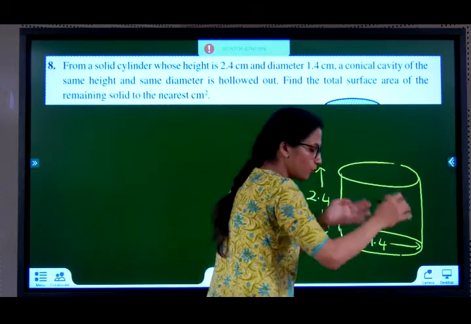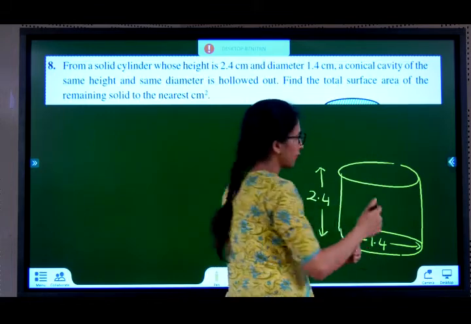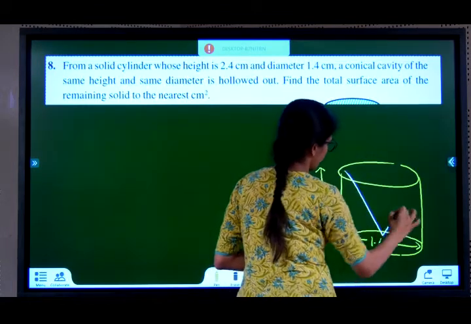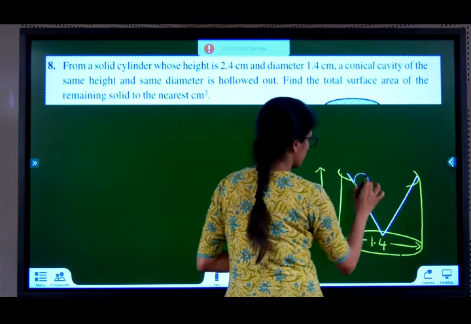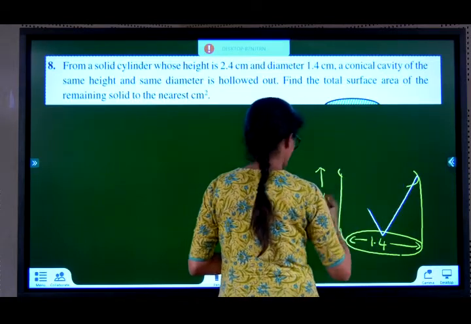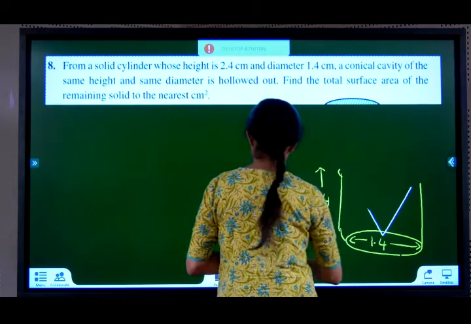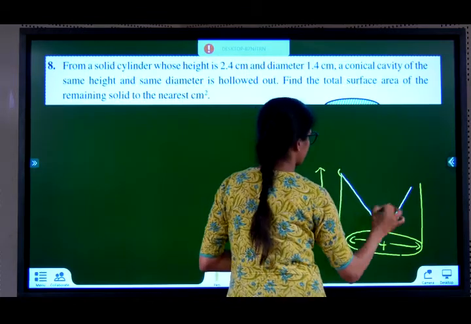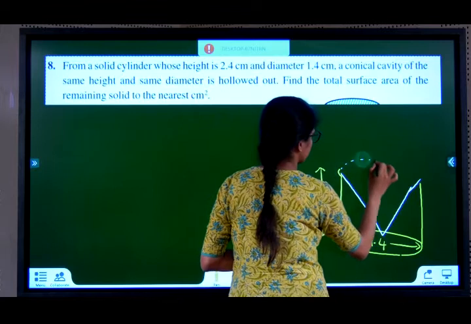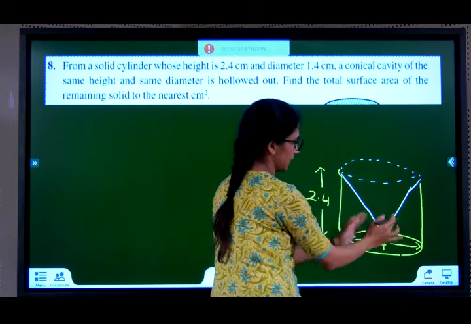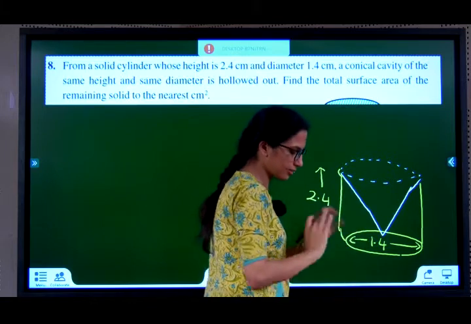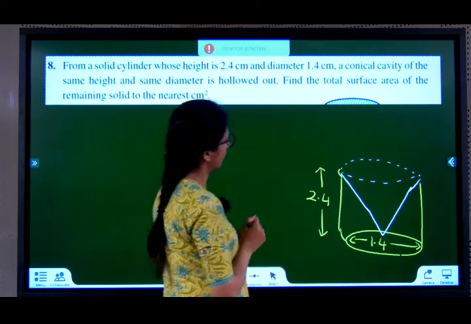From this we are removing a cone. So now we have removed a cone of same height and same diameter. It's a cavity, so if you look at it, you can see a triangle and a cylinder outside.